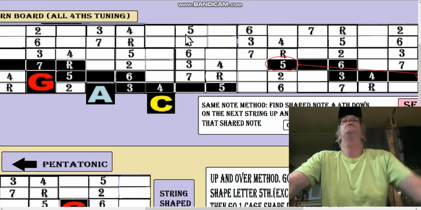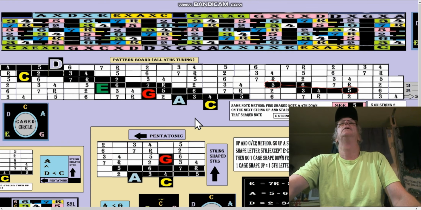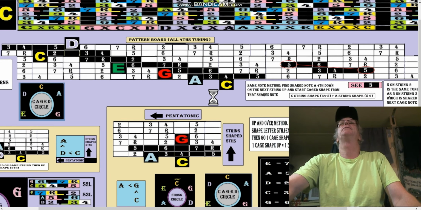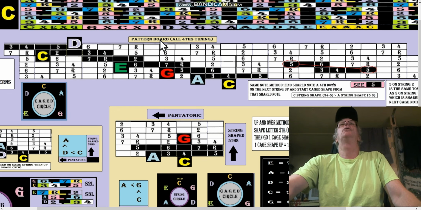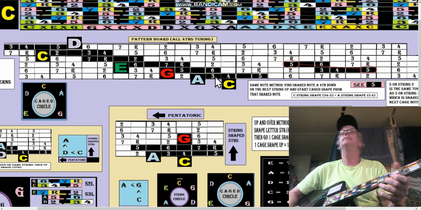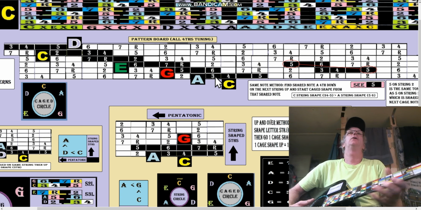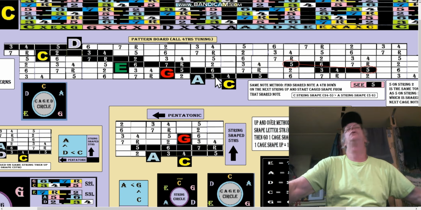Now the top string and the bottom string in this particular pattern, this is a pattern fretboard, all fourths tuning. So you don't see the 3 here. It's not warped yet. So this is all fourths tuning. That's how it goes.